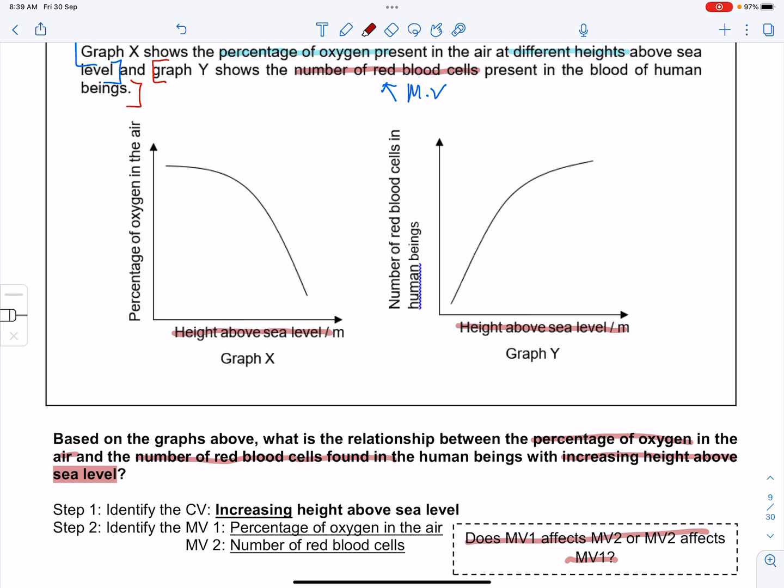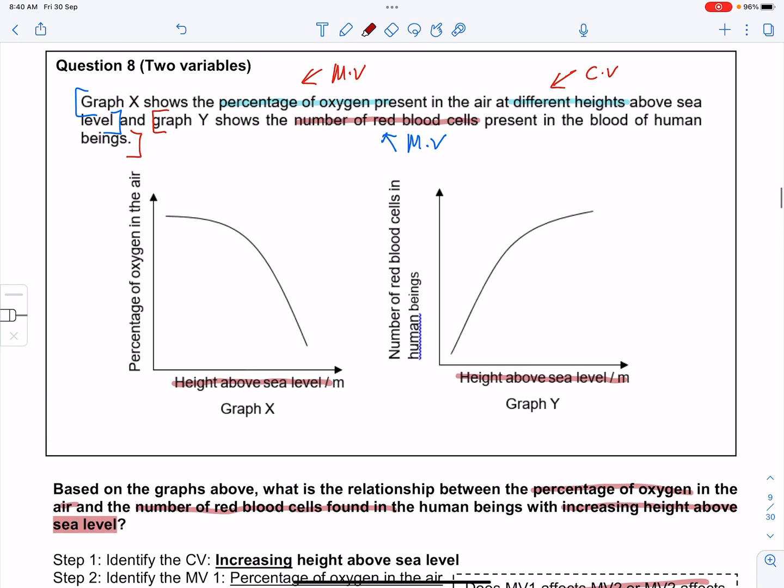Your theory comes in. Now, what is it that is already there that you cannot change? Is it your percentage of oxygen in the air, or is it the number of red blood cells? Ask yourself this question, right? And we should also look at the trend.